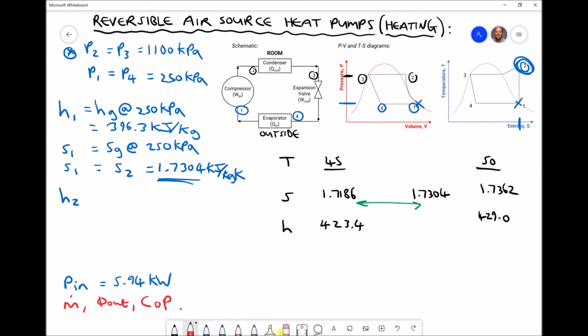And the distance as a fraction is going to be 1.7304 minus 1.7186, all divided by 1.7362, which is our upper limit, minus our lower limit, 1.7186, giving us a fraction equal to 0.67045.